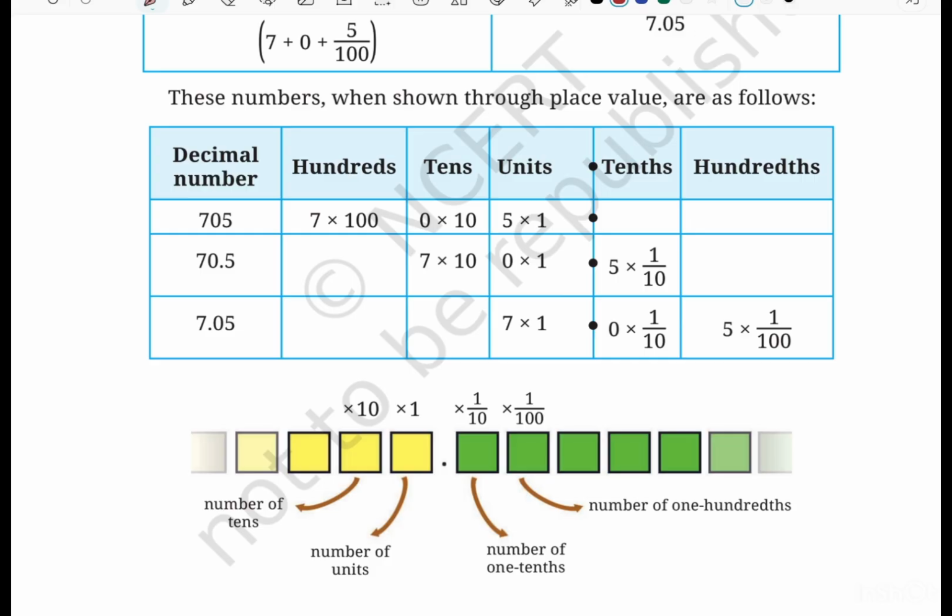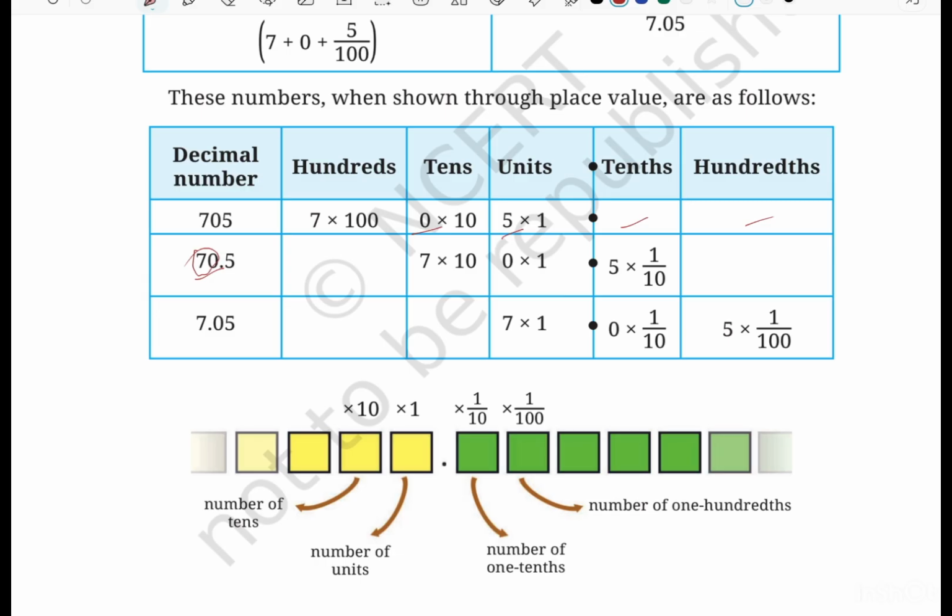In 705, the hundreds are 7, tens are 0 and units are 5. In 70.5 there are no hundreds, it is only 70, which means 7 tens.